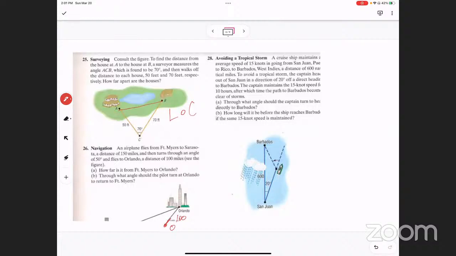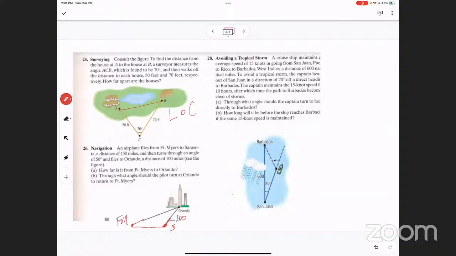And this was Sarasota over here. Sorry, that's not Orlando. So Sarasota is down here, I'm guessing, right? To the right is Sarasota. And this down here is Fort Myers.